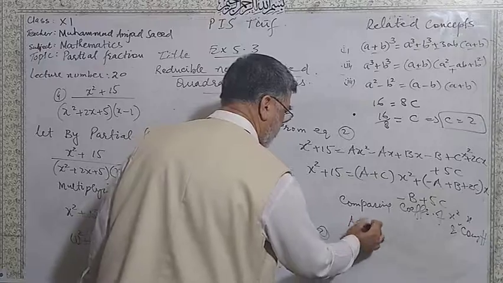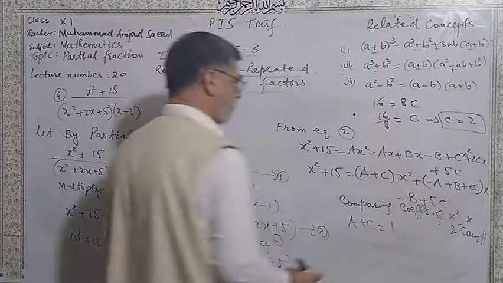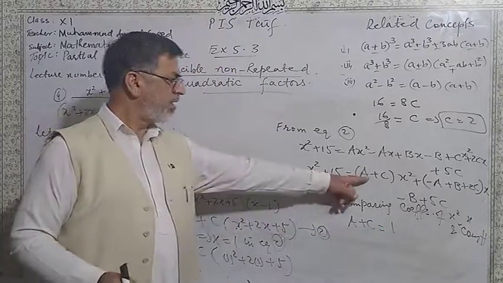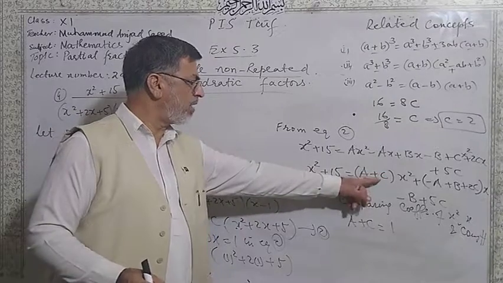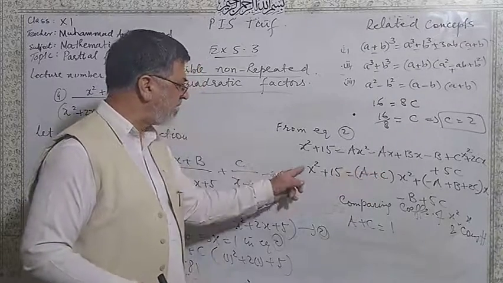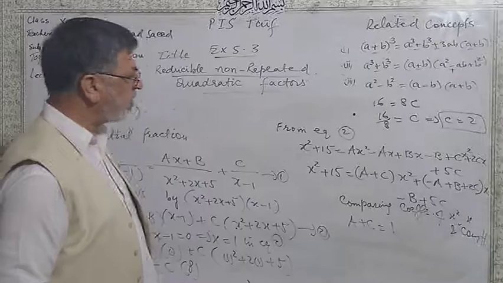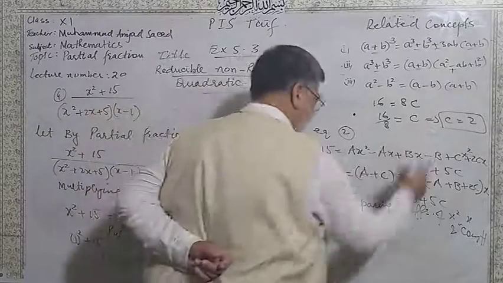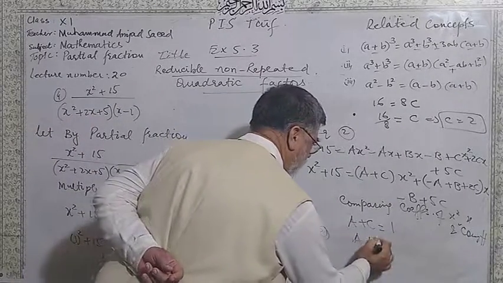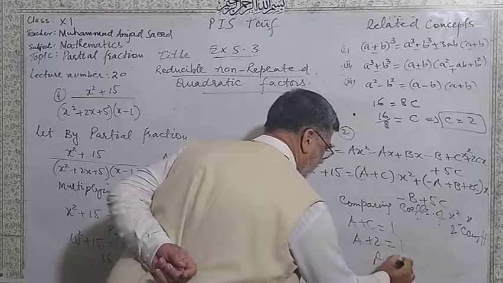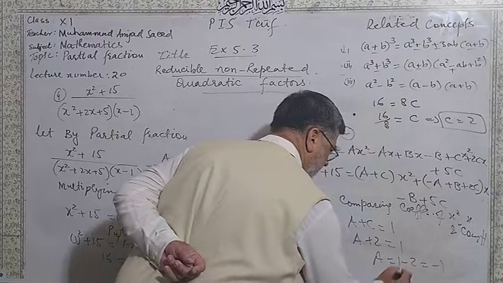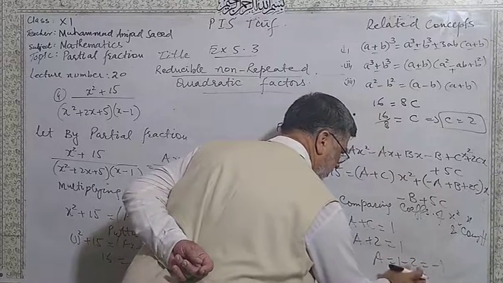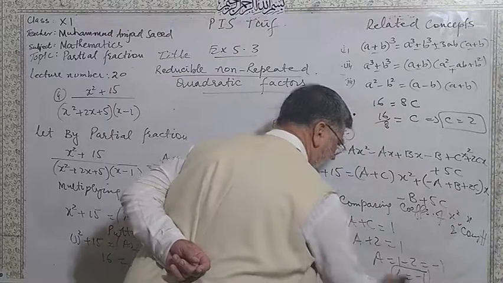So a plus c is equal to 1. Remember that the coefficient of x square is a plus c, and here it is 1. Putting c here, a plus 2 is equal to 1 and a is equal to 1 minus 2, that means minus 1. So a is equal to minus 1.